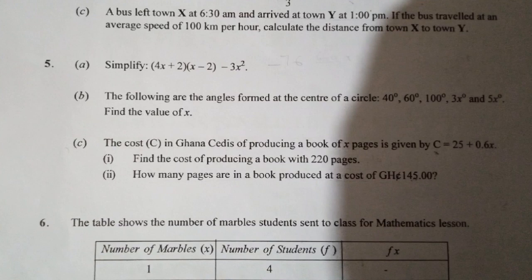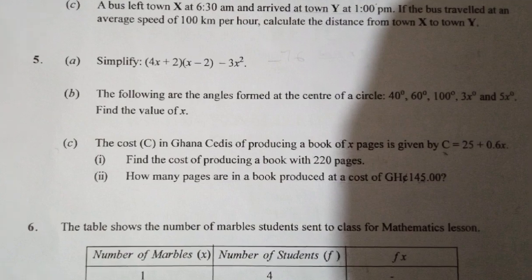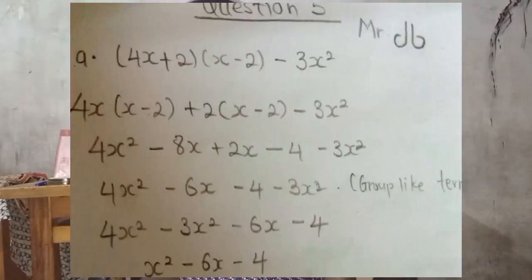Simplify: bracket open 4x plus 2, bracket close, bracket open x minus 2, bracket close, minus 3x squared. So now we take 4x and multiply it through with x minus 2, and we take 2 and multiply it through with x minus 2. So it's 4x multiplying through x minus 2 plus 2 multiplying through x minus 2 minus 3x squared.